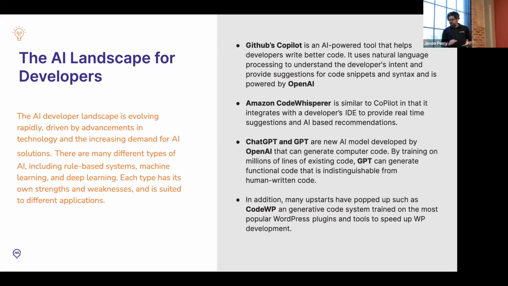So quickly, some of the different AI tools that are out there include things like GitHub's Copilot. GitHub's Copilot is trained using the OpenAI model. And if you don't know, Microsoft owns GitHub, so it's also a Microsoft product, and is subject to this large partnership that Microsoft has had with OpenAI for several years now.